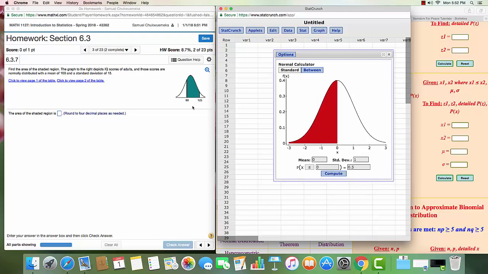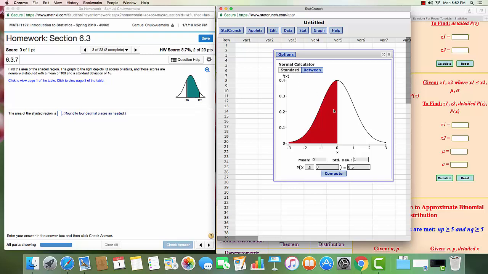The probability between these scores, which is the area between the scores. So the probability that 90 is less than or equal to x less than or equal to 125, and that is the area between the scores.